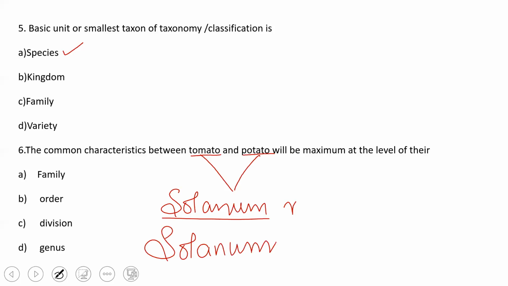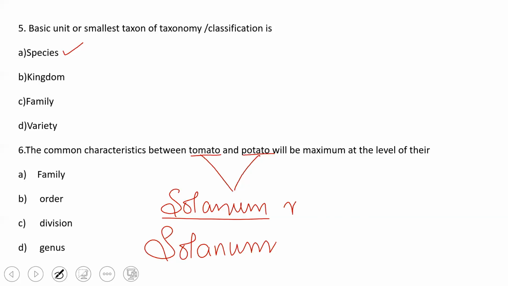The species name for tomato is Lycopersicon esculentum. They belong to the same group, that is Solanaceae.